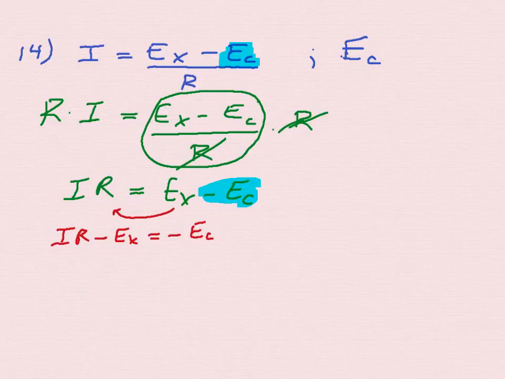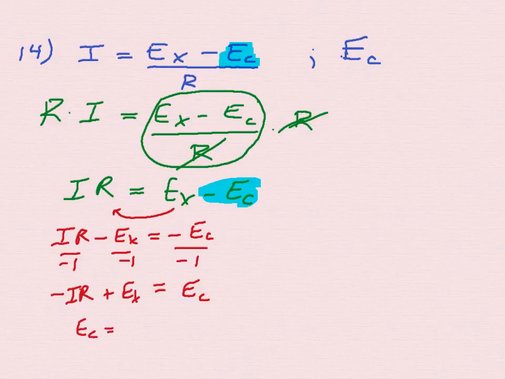Therefore, you're going to have to divide every single term by a negative 1 to cancel the minus. So this is where the most common mistakes will be made. You'll be left with a positive EC on the right, a negative IR, and a positive EX. So there's your answer.